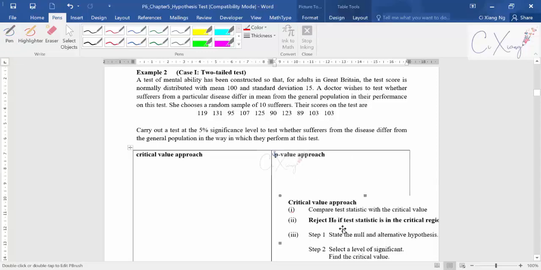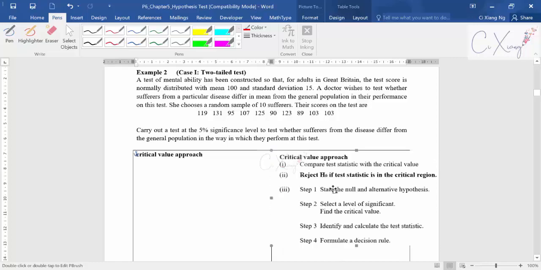When you are trying to understand these two methods, I would prefer you to try every question or every example with both methods, so that you are familiar with the style, the process, and so on, since it is something new to you. After you are very familiar with both methods, then in the exam you can choose which one you prefer and just apply it. Here I attach the steps so that you can refer to them anytime.